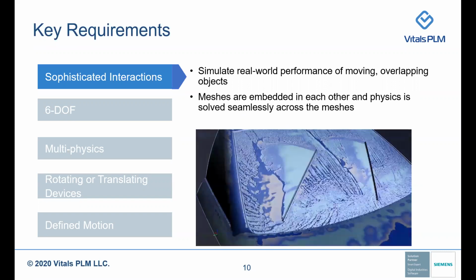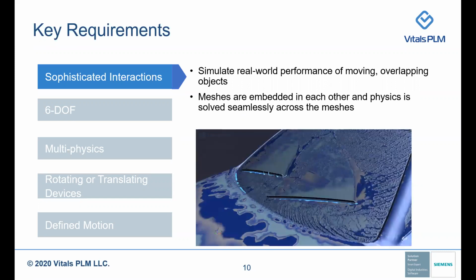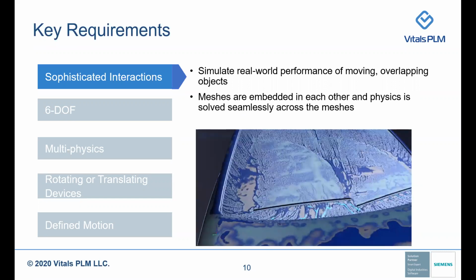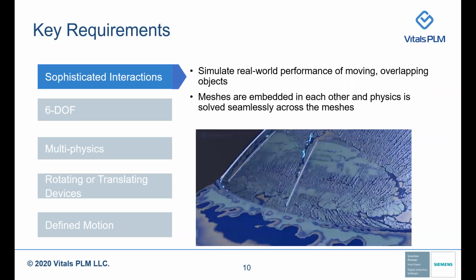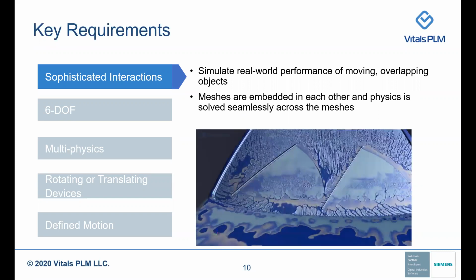Apart from that, there's a need to solve different physics across all these regions, be it the region which is immersed in another region, or an overlapping region, or a sliding region.